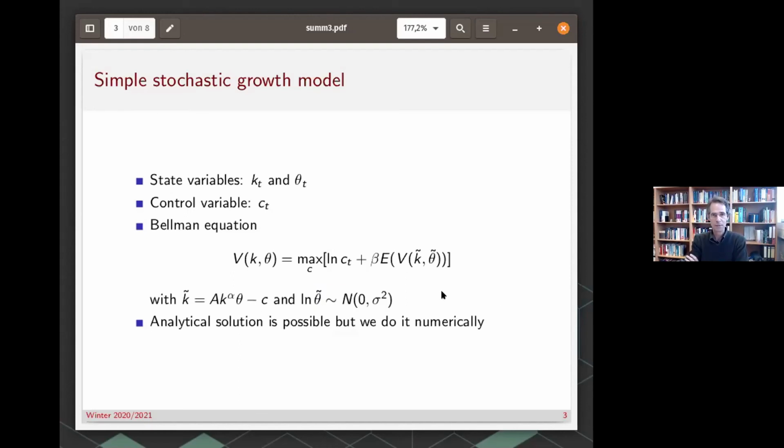Right, this is a very simple growth model, and it's so simple that it's actually solvable analytically. And the solution is given in the exercise text. If you enjoy doing analytical stuff, then you are invited to verify that. The solution approach is the guess and verify approach. So you guess a functional form of the value function, you insert this functional form into the Bellman equation, and then you can check whether it's actually the correct guess.